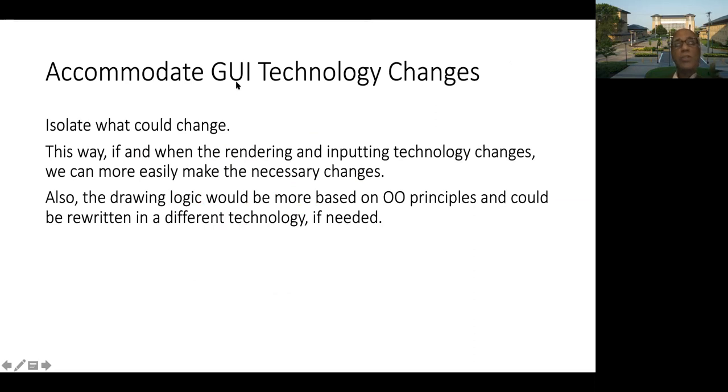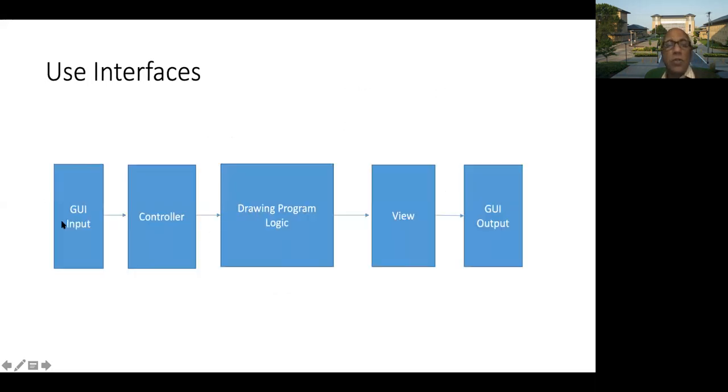So one thing we would like to do is to accommodate GUI technology changes. You should be able to replace the GUI technology without changing the logic that is behind the drawing program. So we are separating the GUI from the controller and the view. The input part of the graphical user interface would collect commands and send them to the controller, which is independent of the GUI technology.